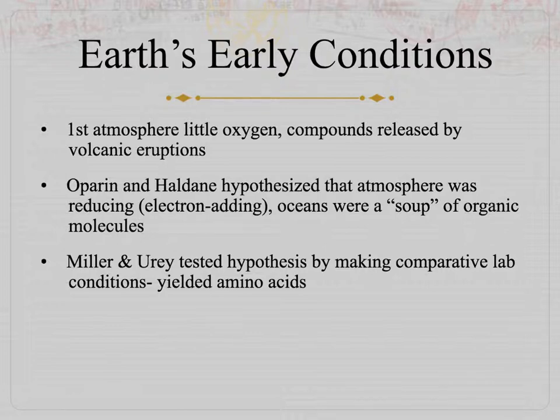So Oparin and Haldane, two scientists who separately hypothesized, said that our atmosphere was one that we would call reducing, which means it was adding electrons to it, made it a very charged environment, and the oceans became this soup of organic molecules, like carbon with hydrogens on it, and nitrogen with oxygen, and sulfur oxides, and all kinds of other ingredients in this quote-unquote soup.